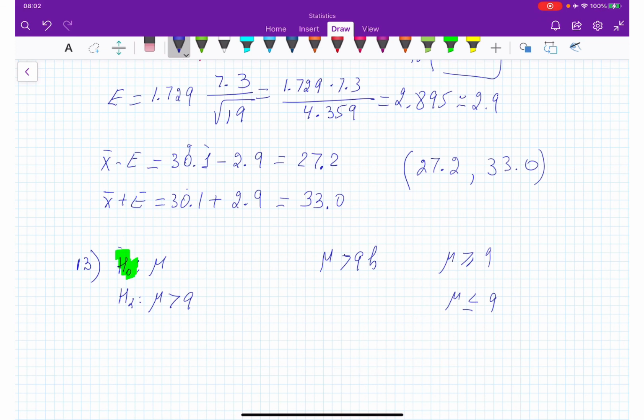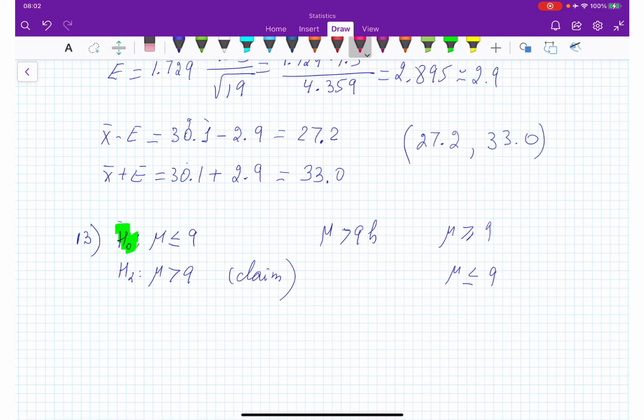So in this case, the claim is this one, right? So what will be left for the null? It's going to be less or equal 9, the complement. The null and alternative are complements of each other. If one is greater than, the other one is less or equal.